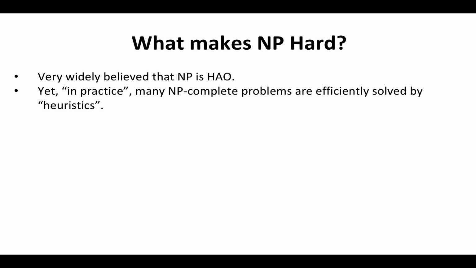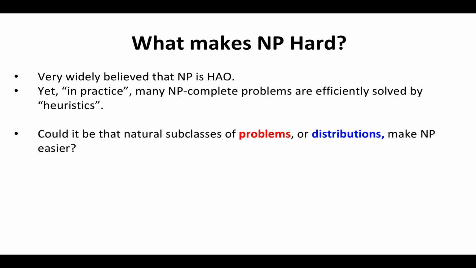Right? So there are all these heuristics that seem to do pretty well. So the question I would like to address in this talk is trying to understand what makes an NP problem hard on average. Are there some characteristics of the problem that make it hard on average?